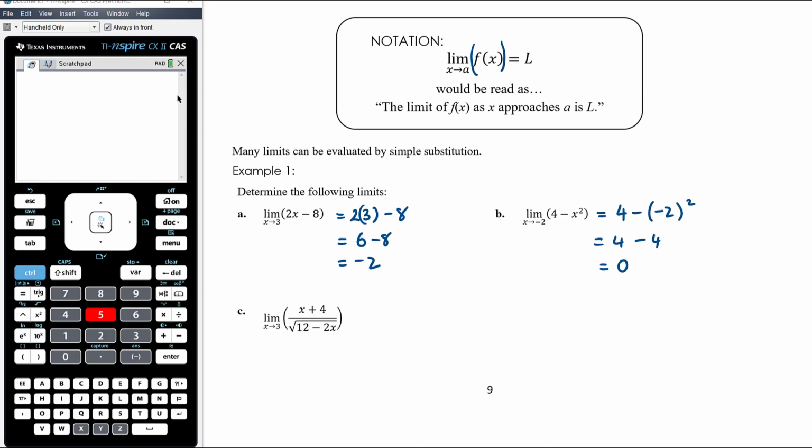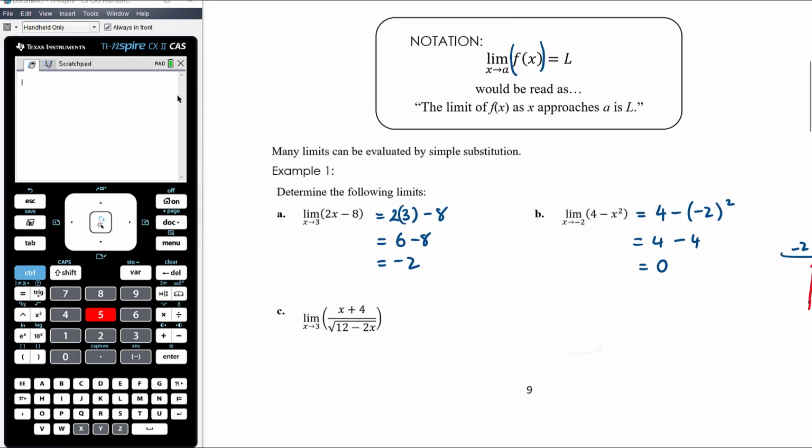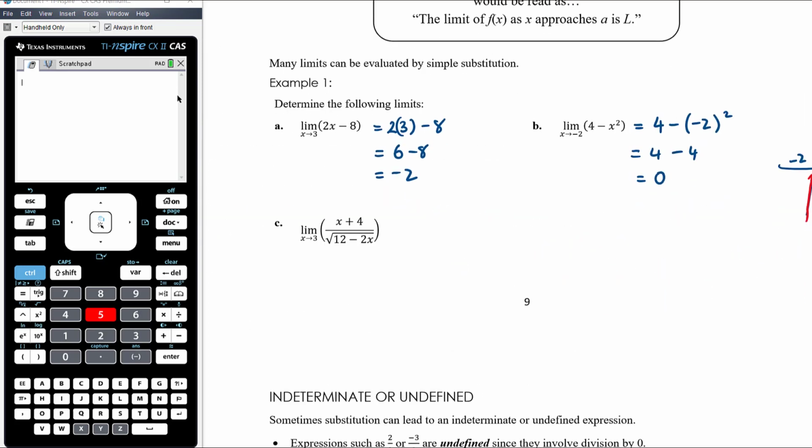If we think about this graph, it's a sad parabola, plus minus 2. As x approaches negative 2, as we head towards that point on the graph, the y value is clearly approaching 0. Now this one here we potentially, oh no, we don't, sorry, I thought it was a different example.